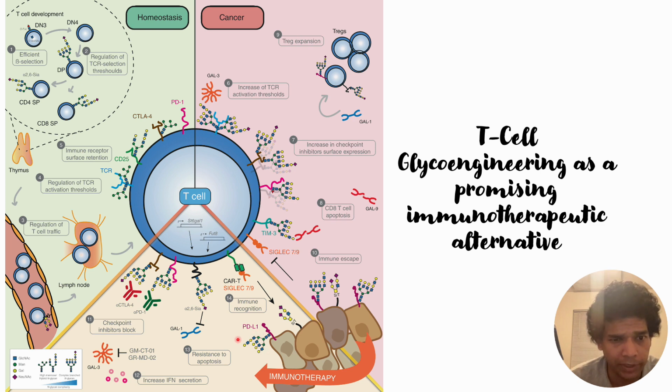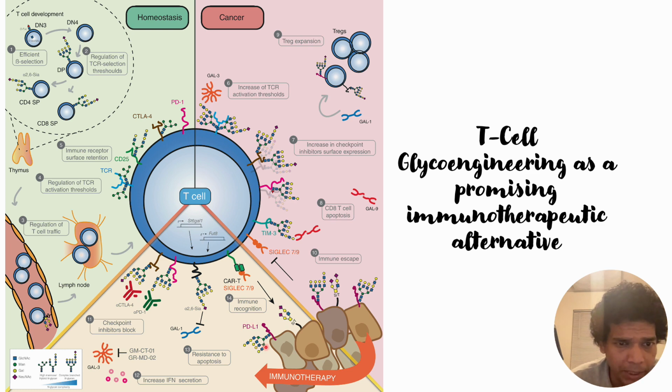Another way is CAR T cells using Siglec 7/9 antigen. This is usually more aberrantly found in the tumor cells, so it can be used as an antigen in the CAR T cells to target those tumors that have this Siglec 7/9 antigen.